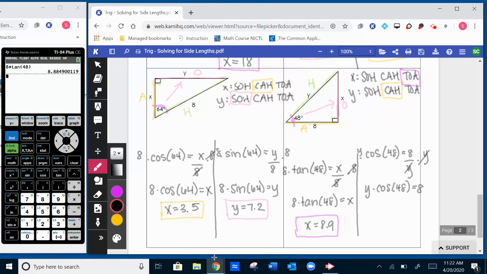Remember, whenever you have the variable in the denominator, you need one extra step. So we will be dividing in this case. We're going to divide by cosine of 48 on both sides. Cancel that out. So now y equals 8 divided by cos of 48, and then you can plug that into the calculator: 8 divided by cosine of 48. And we get 11.95. We'll round that to 12.